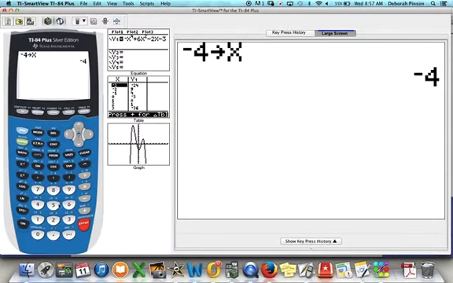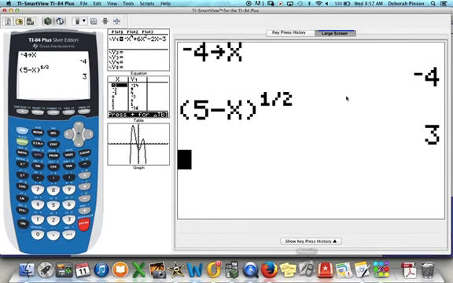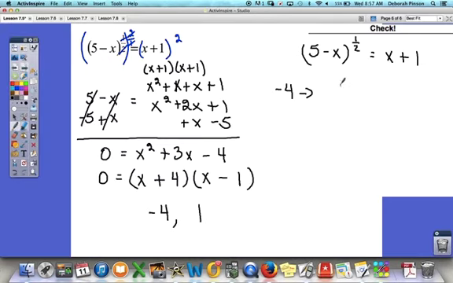All right, so I have 5 minus x to the 1/2 power, which is 3, okay? So 3. And when I plug in, I'm just going to do this one by hand because I can. -4 plus 1 is -3. They do not check out. I got different answers. So -4 is not an answer.